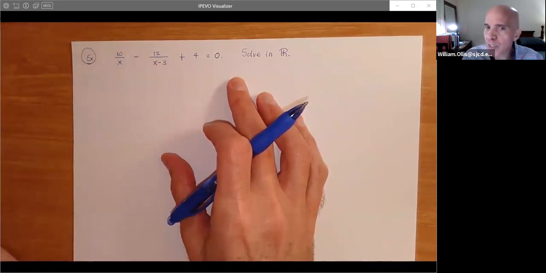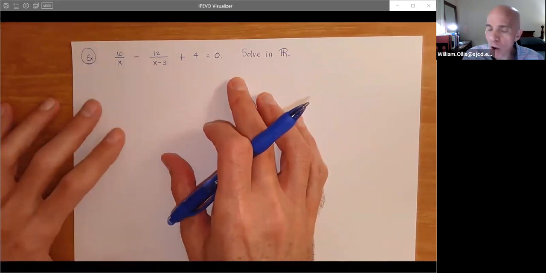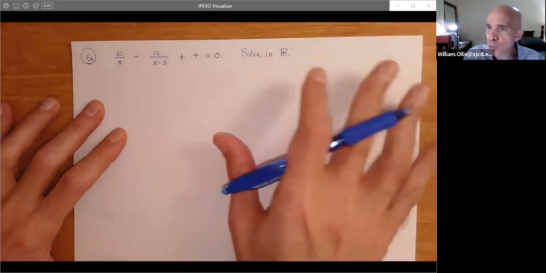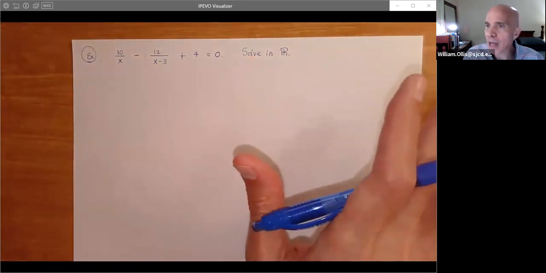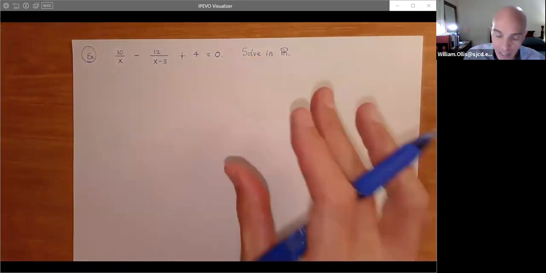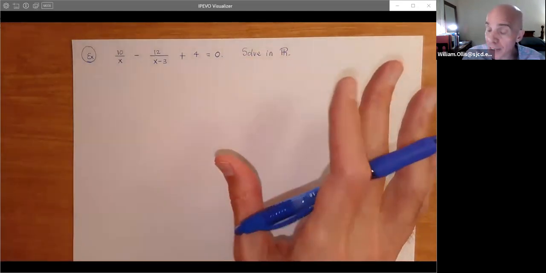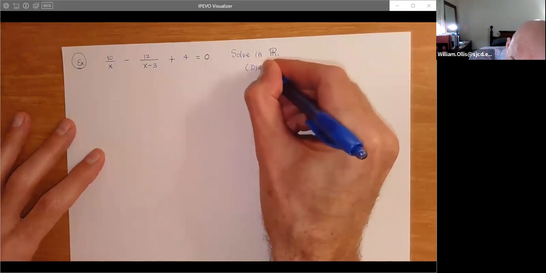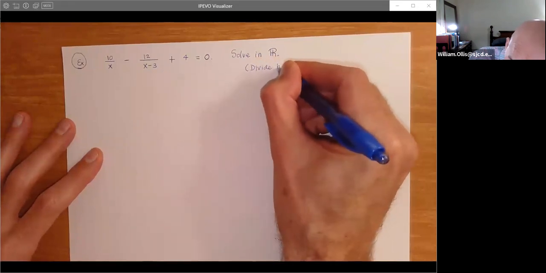That's just in the way. So the first thing I'm going to do to make the numbers smaller is to divide all the terms by 2. Get rid of that extra 2 that's just hanging out, that's a thorn in our side. You don't have to do it, but it'll make the numbers smaller. So first, we'll just say divide by 2.